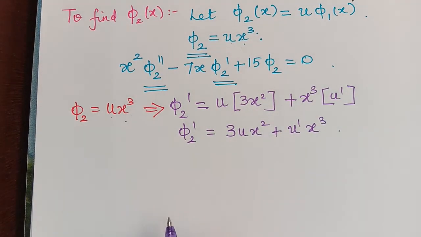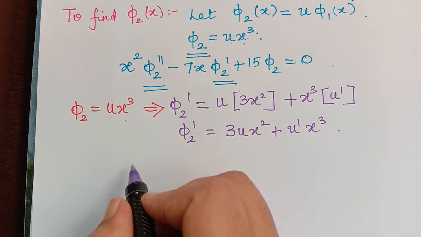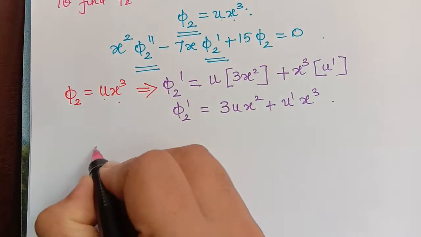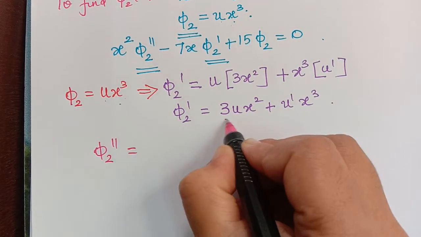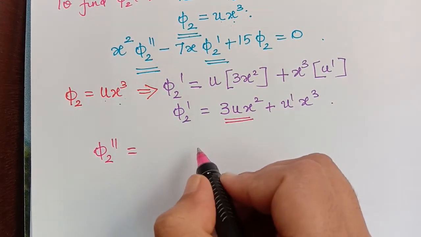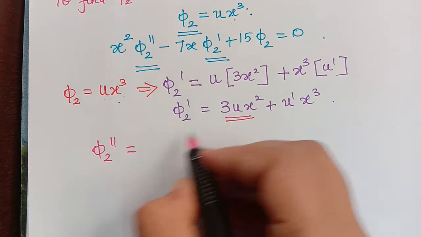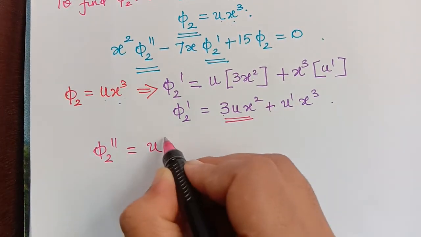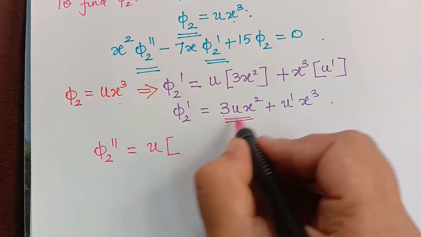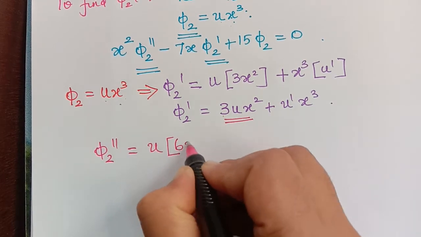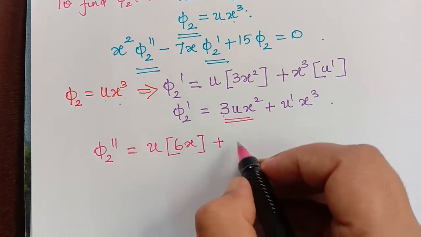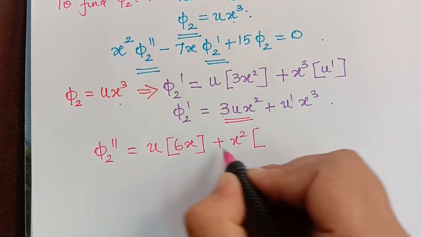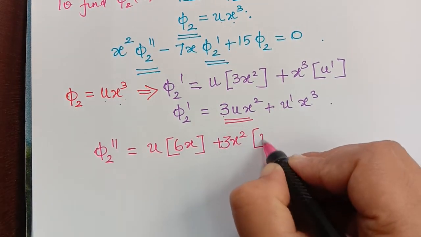Now using this, we shall find phi 2 double dash. So from this, phi 2 double dash will be equal to, now again we have to apply the UV method here. So we can have u as it is and differentiate 3x square, which on differentiation becomes 6x, and then plus, now we will have x square as it is, and if we differentiate u, it becomes u dash.